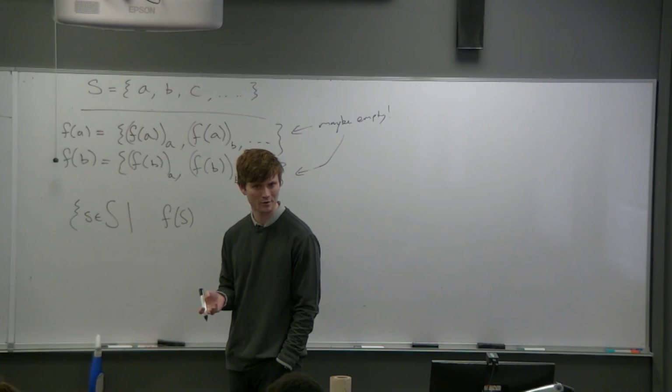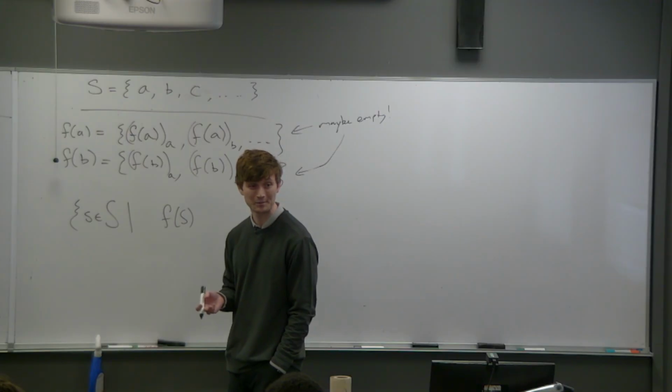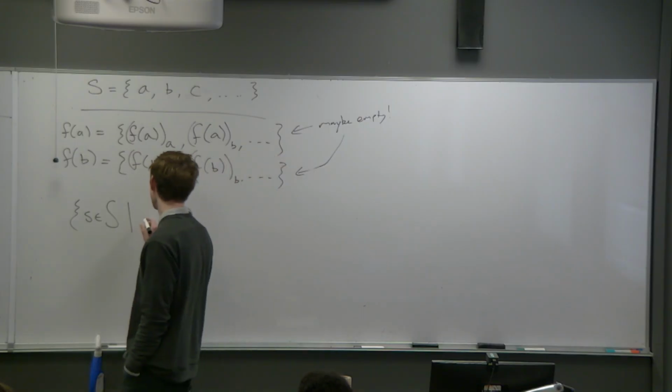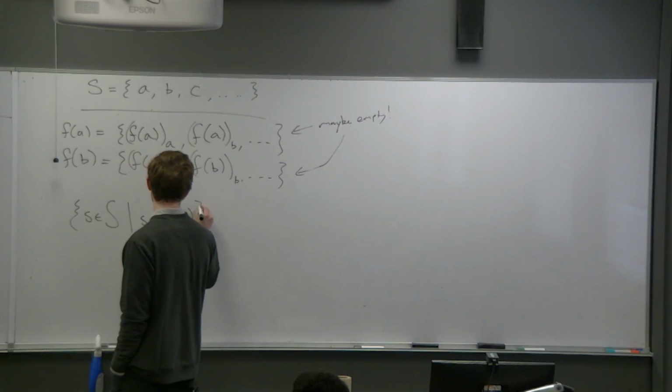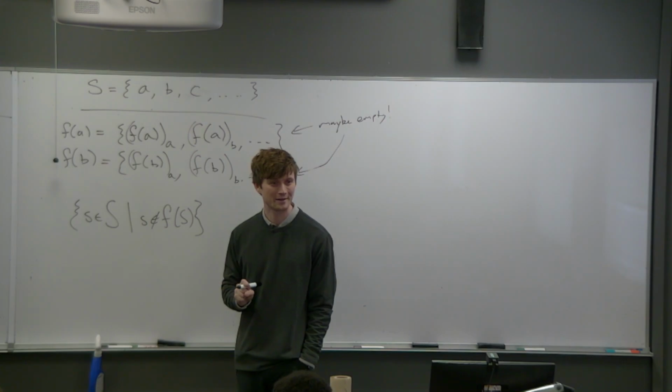What's like the relations you can put between an element and a subset, right? Like a set that might contain it. You could do like inclusion or not inclusion. Yeah? What about this set? Set of s's such that s is not in f of s.